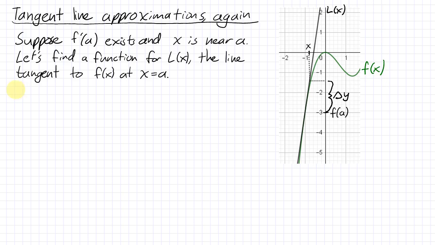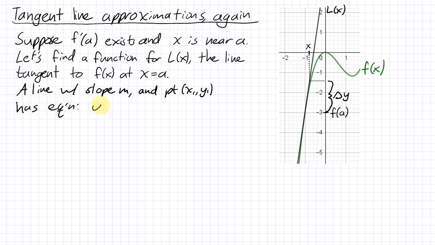Well, we're going to remember our old friend point slope form, which says that if a line has slope m and a point x1, y1, then point slope form says it has this equation: y equals your y1, your starting y coordinate, plus the slope times the change in the x coordinates.